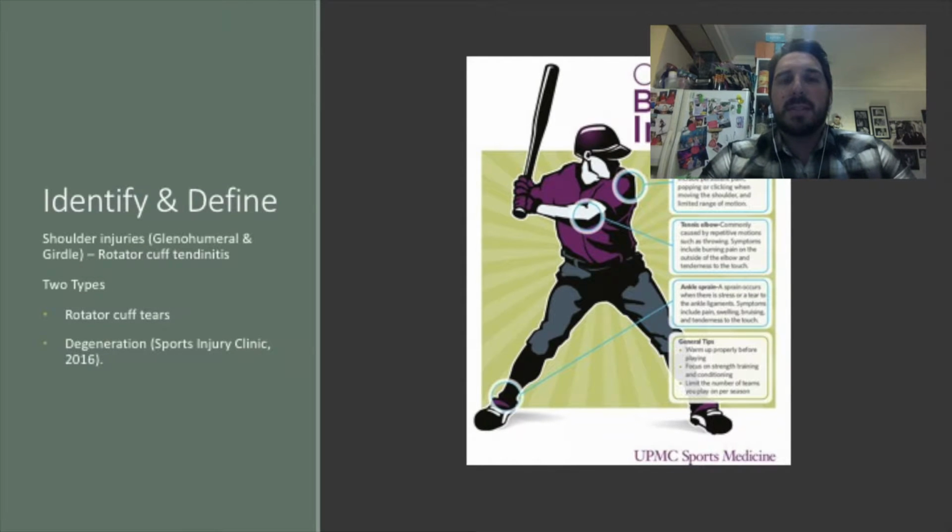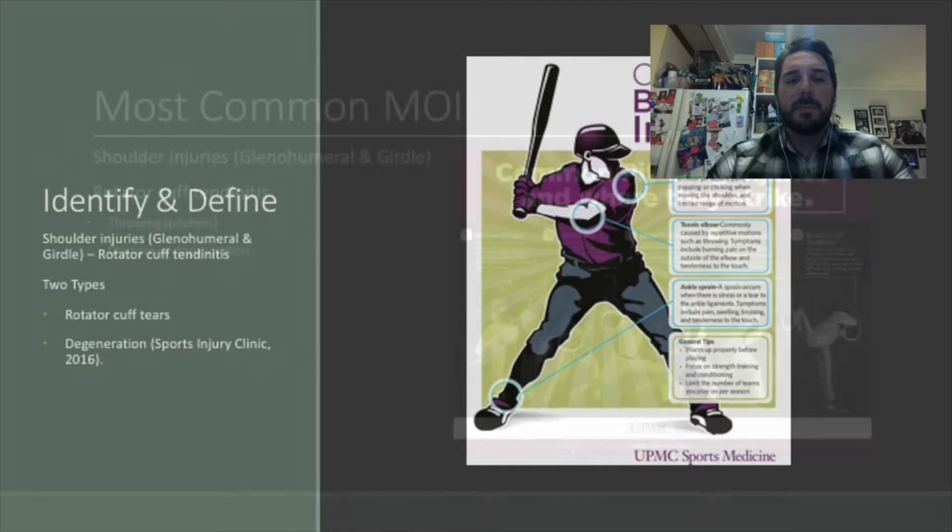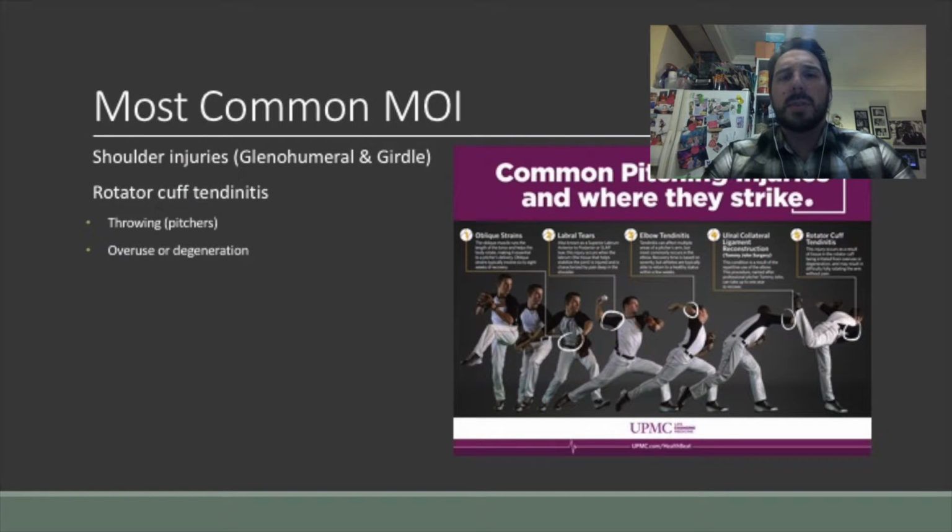So this affects the glenohumeral joint more so than the girdle, because the rotator cuff muscles surround the glenohumeral joint. The typical mechanism of injury, since baseball is a throwing sport, you'll see it in pitchers. So it's throwing that really causes it, or overuse injuries, or degeneration of those muscles.